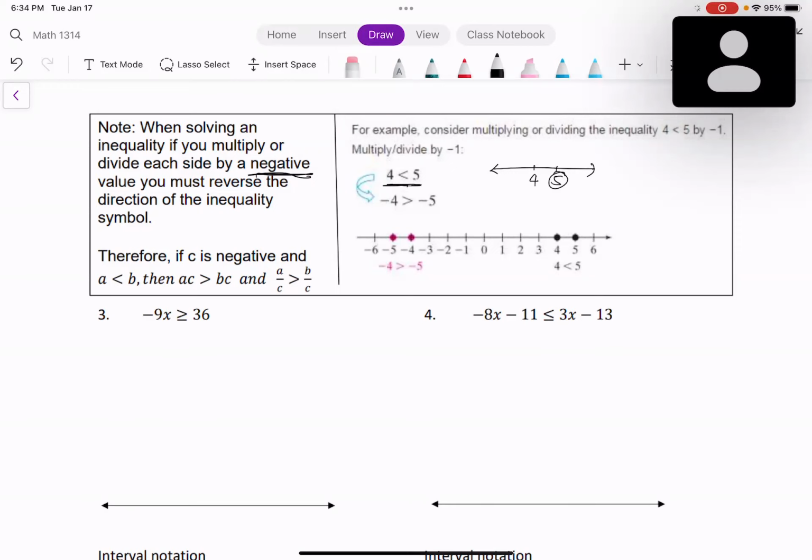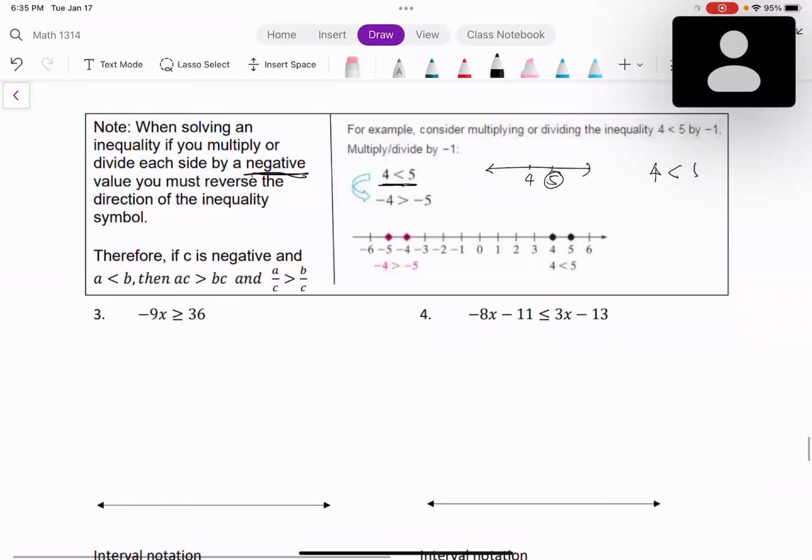If both sides, 4 is less than 5, both sides multiply by -1, we must flip the inequality symbol or reverse the direction of the inequality symbol. Before it was less than, now I must have greater than, because I multiply by a negative number.